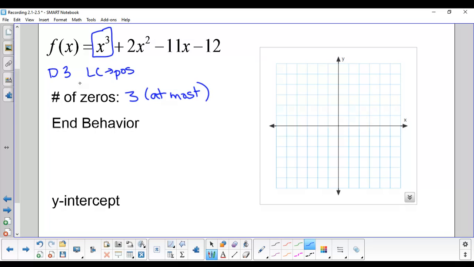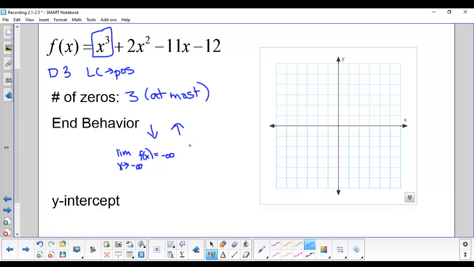Now, because it is a degree 3, my end behavior is opposite. Odd functions have opposite end behavior. That means that normally it would be a negative positive. What this means is the limit as x gets very small of our function, our graph is going to approach negative infinity.